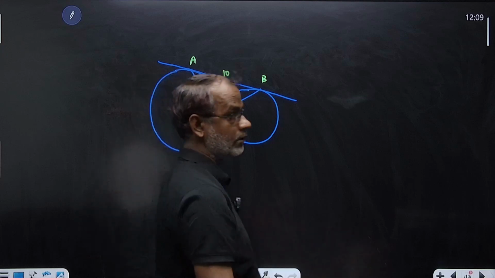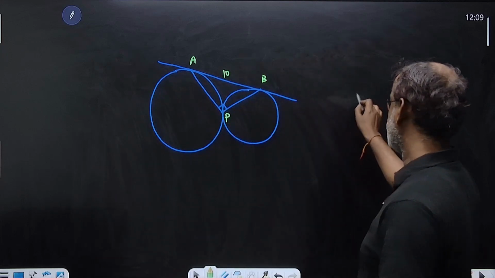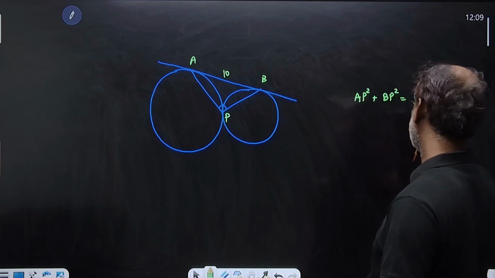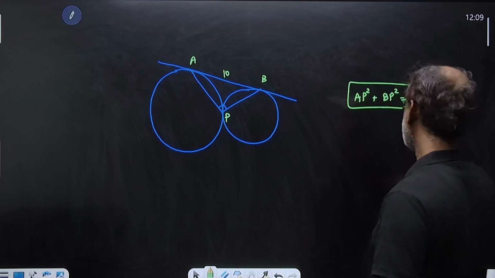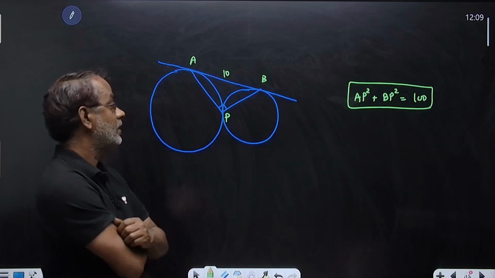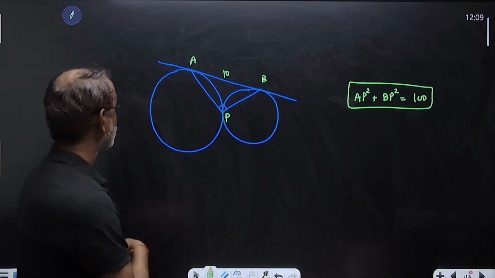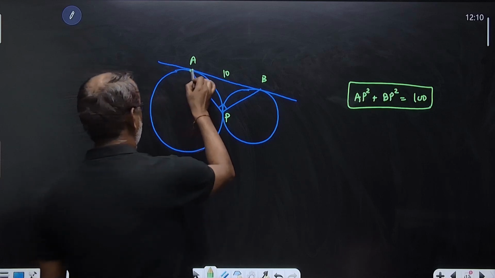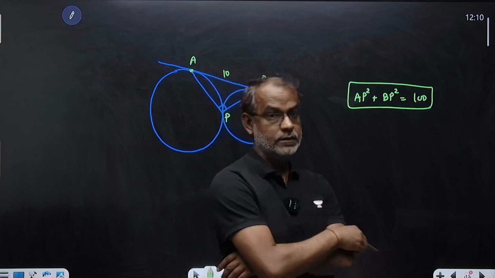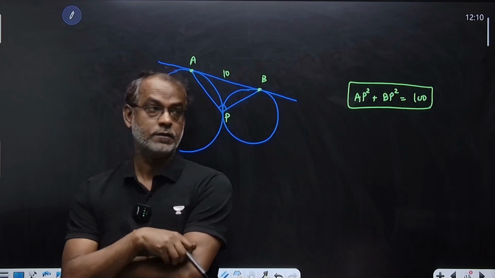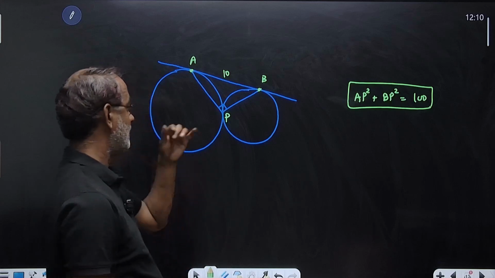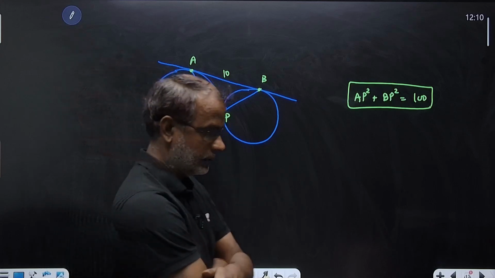So AP square plus BP square, you can very easily say is nothing but 100. So one thing that you can keep in mind or probably remember is that if the two circles touch each other externally, then their direct common tangent subtends a right angle at the point of contact of the two circles. Okay, at the point where the two circles touch each other.